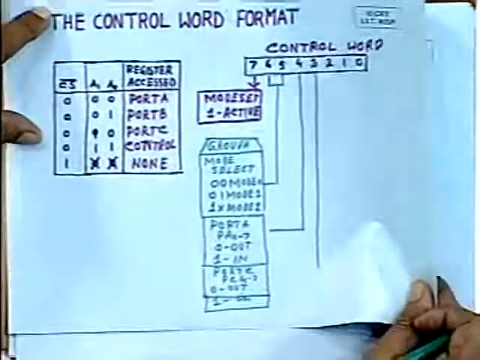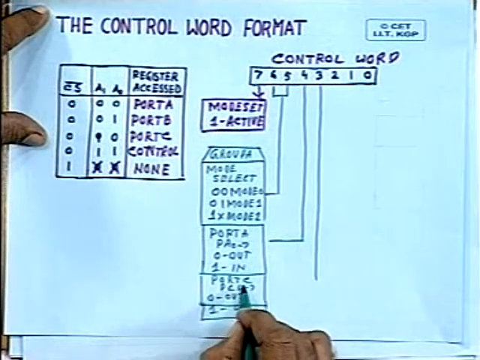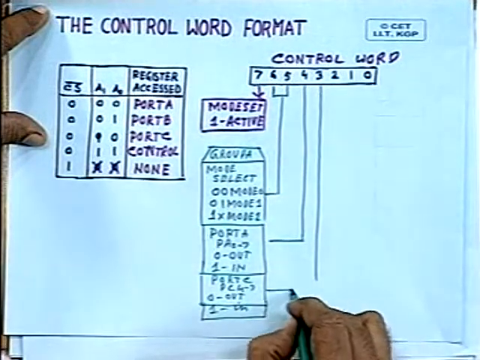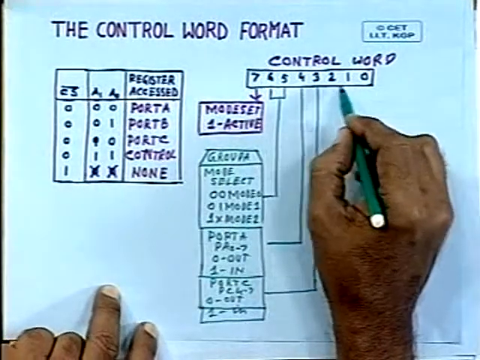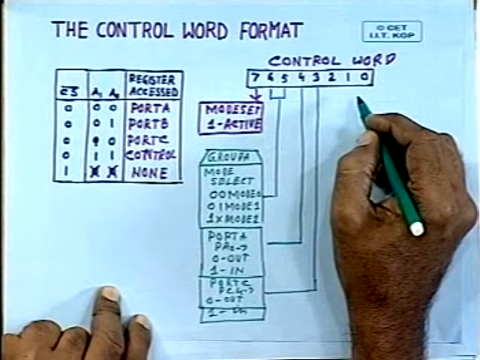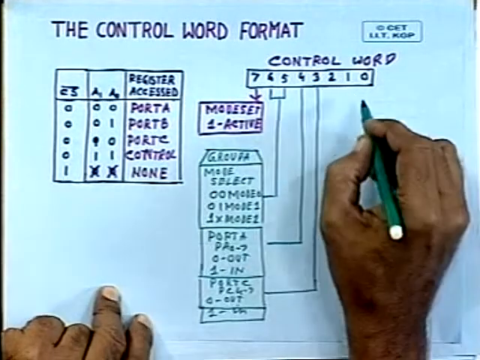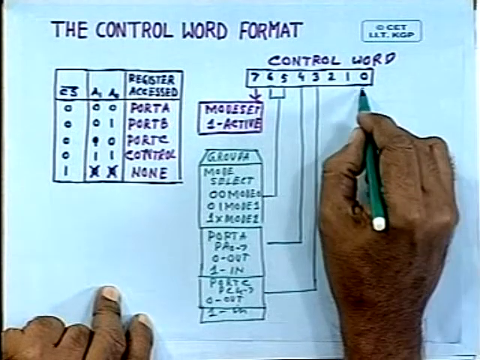That means the input and output operations can be decided with the help of this particular bit. Now, let us consider the remaining 3 bits, bits 0, 1 and 2. Bit 0 is used to control the operation of port C.